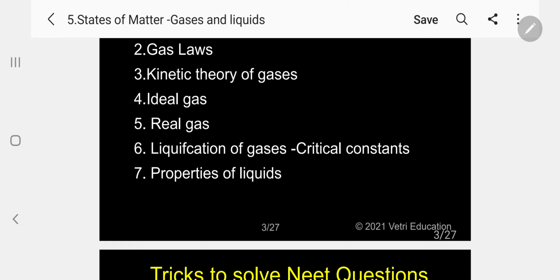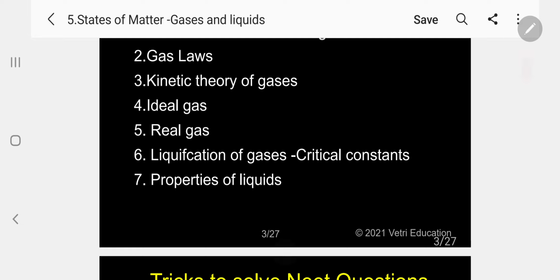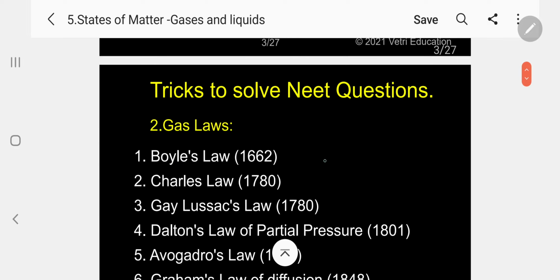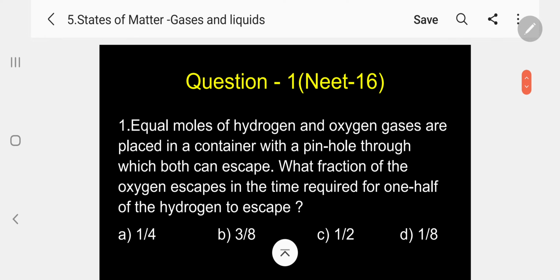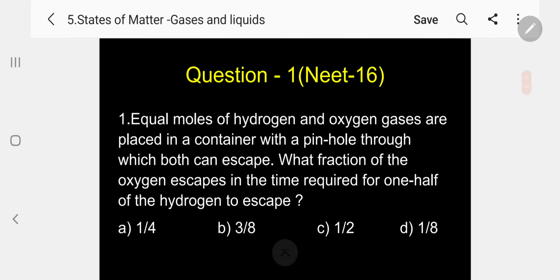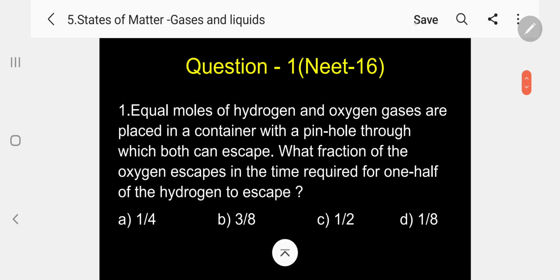Under the properties of liquids, we have to study vapor pressure of a liquid, surface tension and viscosity. After studying all these things, then we have to go for answering the questions.